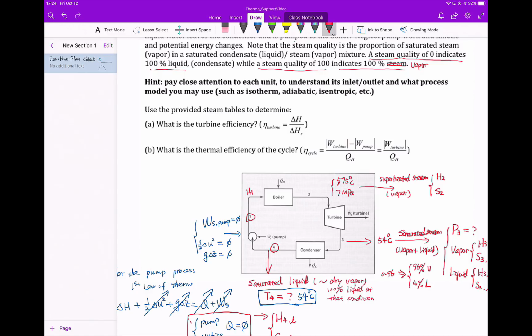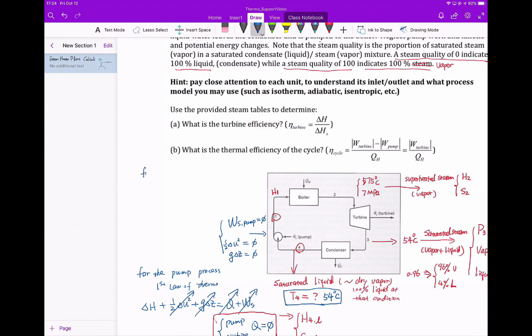So for the boiler, if we apply the first law of thermodynamics for the boiler process, it's again Q plus shaft work.